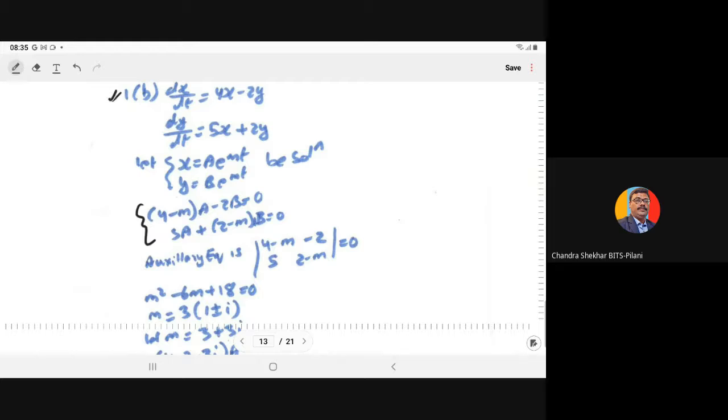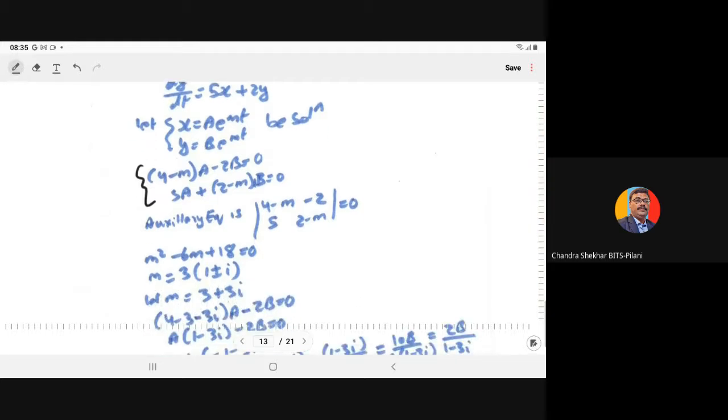So here we get the auxiliary equation from the determinant with rows (4 minus m, minus 2) and (5, 2 minus m) equal to 0. That gives m square minus 6m plus 18 is equal to 0, or m is equal to 3 plus minus 3 iota.